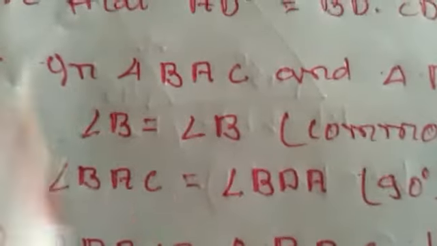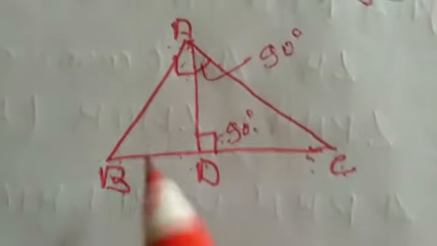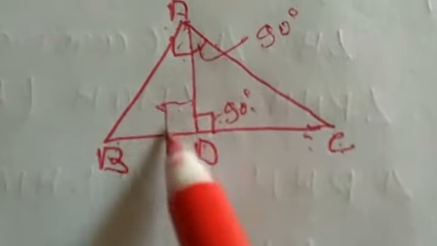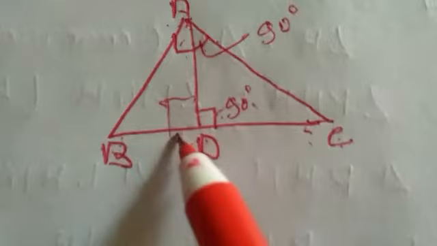So first we will show the similarity of triangle BAC and triangle BDA. As you can clearly see in the figure, angle A as well as angle D are 90 degrees. So angle BAC equals angle BDA, which is 90 degrees.